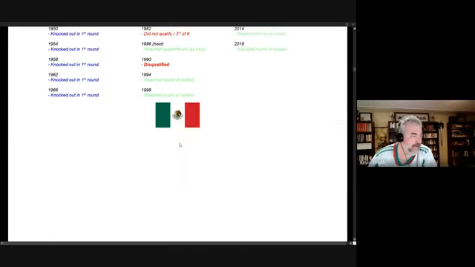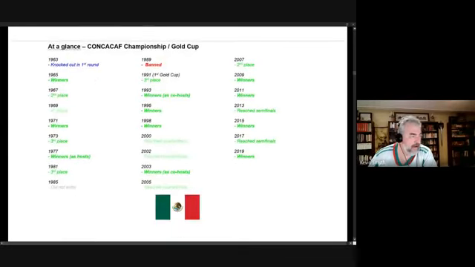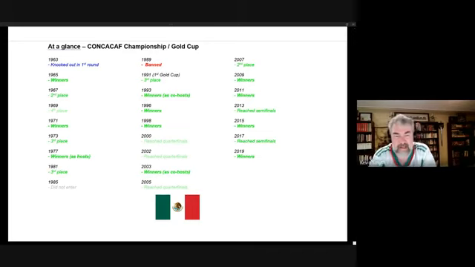Let's go to the regional cup here, the Concacaf Championship until 1989, and the Gold Cup from 1991 onward. Mexico's always been a power in the region, winning the title 11 out of 25 times. Though they've always been near the top, they did not win the region as much as would be expected, having done so only 3 times in 11 until 1993.